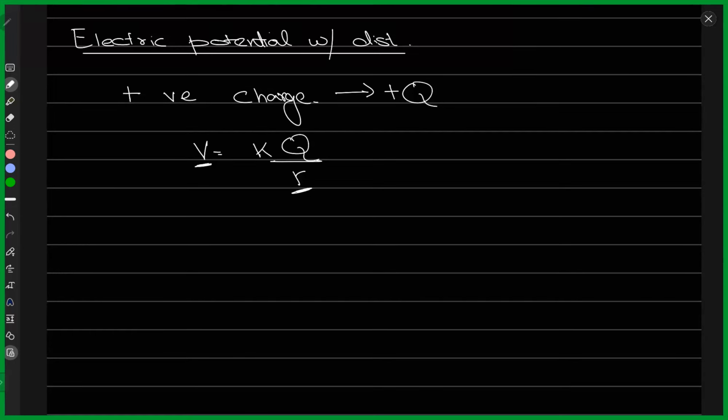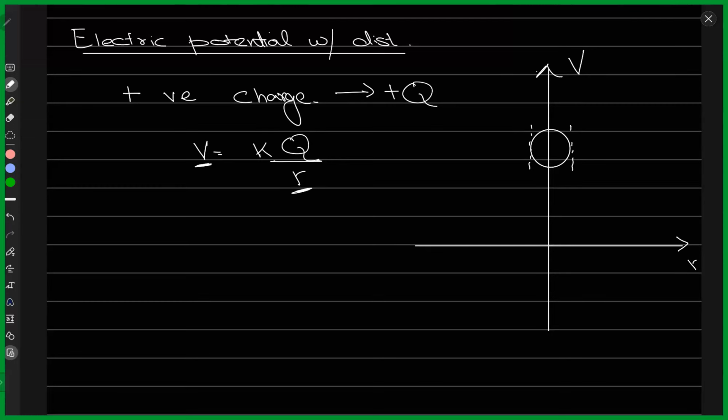And that relation, if I were to consider this charge, suppose this is my charge, and I want to see how the potential would be at the boundary surface of this charge. So let's try to draw that graph. This vertical axis is my potential, and the horizontal axis is the distance from the charge.